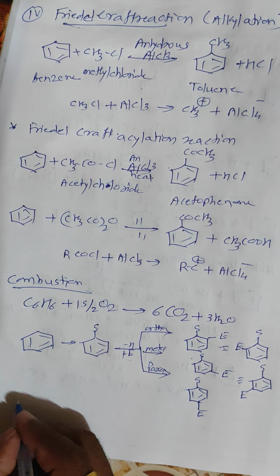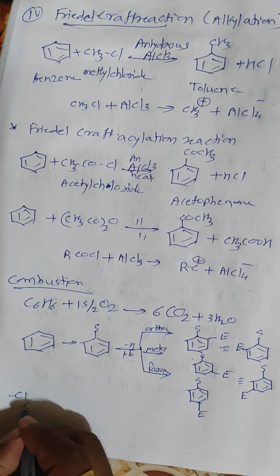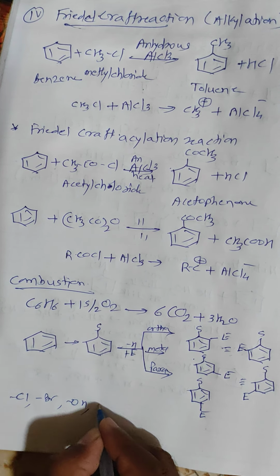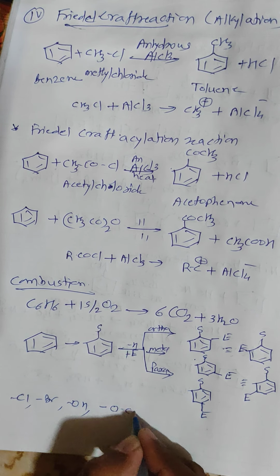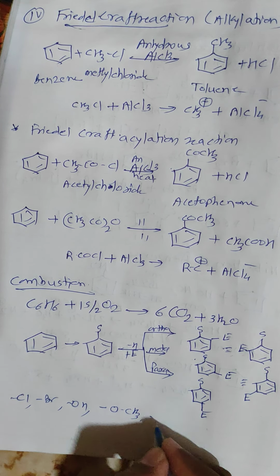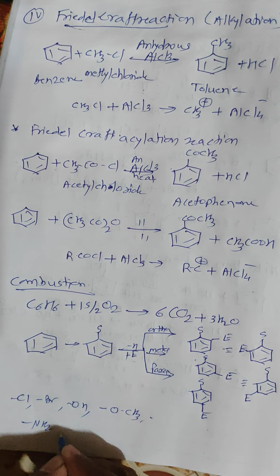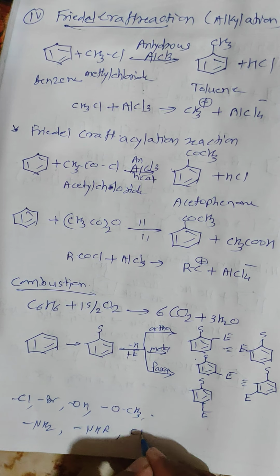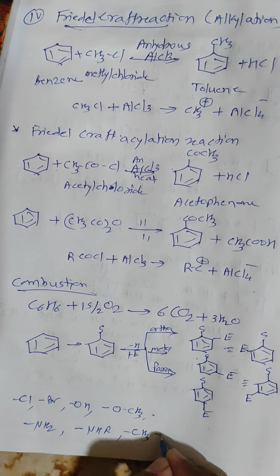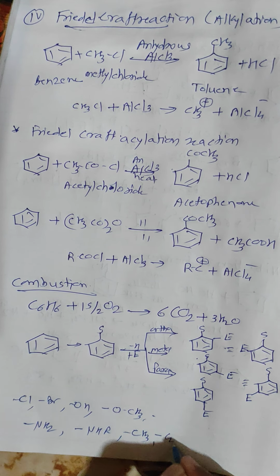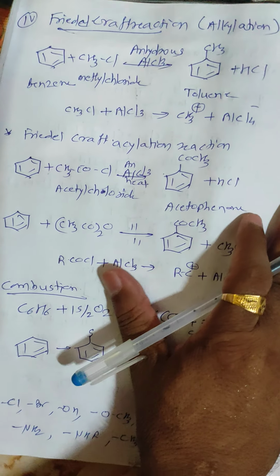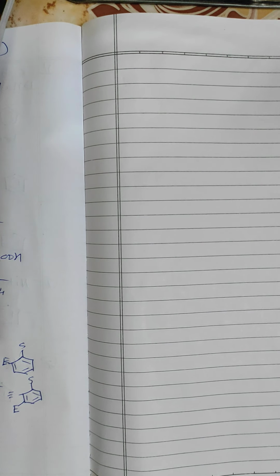Those groups are Cl, then Br, then OH, then OCH3, then NH2, NHR, then CH3, then C2H5, then R, etc. These are ortho and para directing groups.